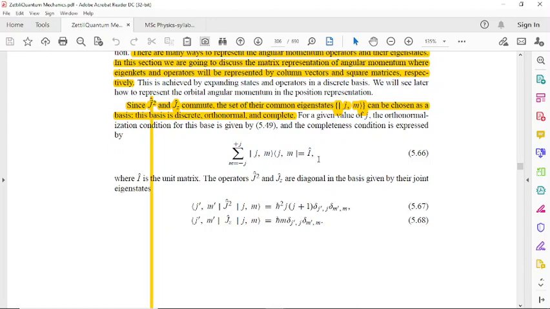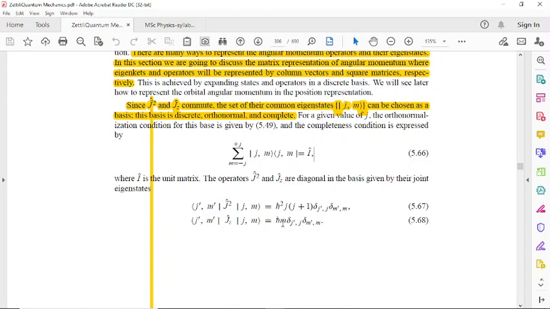Where I is the unit matrix, the operators j square and jz are diagonal in the basis given by their joint eigenstates. And we have seen that <j'm'|j square|jm> can be expressed as h cross square j into j plus 1 delta j'j delta m'm. Then <j'm'|jz|jm> can be expressed as h cross m.